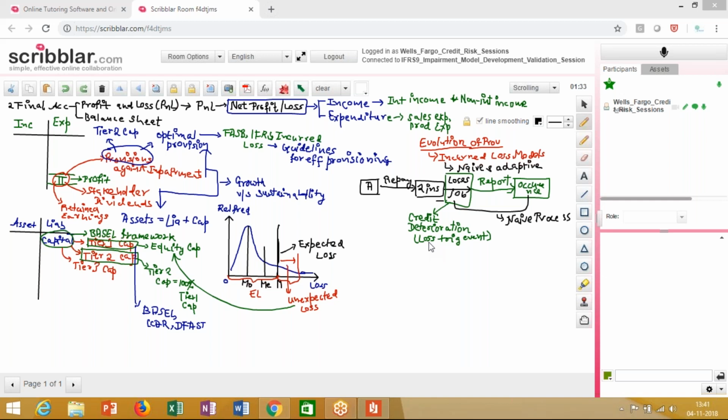So for one asset, we look across multiple regulations and their respective treatments, right? Since it's the first session, I'll not be pounding in too much, and we'll pick up the pace from next session onwards.